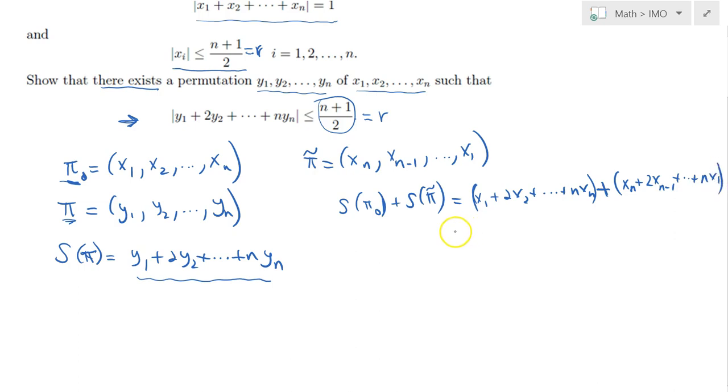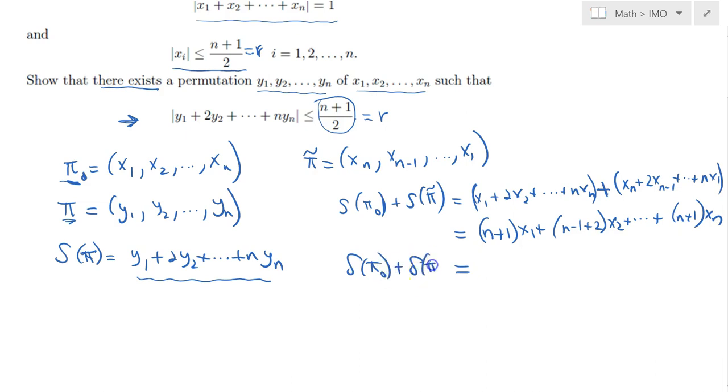Now we just count the number of terms, so x1 here and n x1 here, so we will get n plus 1 x1, plus 2x2 here and n minus 1 x2 here, so n plus 1 x2, and so on, and then n xn here and one more xn, so n plus 1 xn. Therefore s of pi 0 plus s of pi tilde is simply equal to n plus 1 times x1 plus all the way to xn.